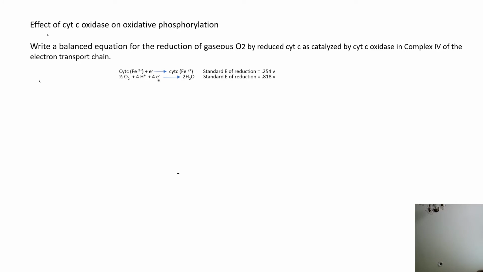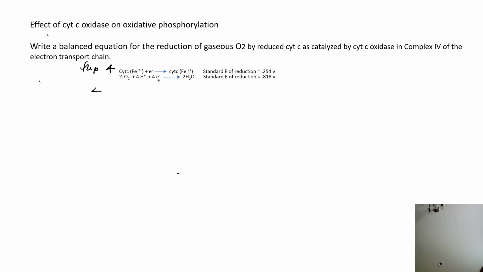So that means we're going to have to multiply the coefficients of the first reaction by 4 to even out those electrons. And if O2 is being reduced, that means we're going to oxidize the reduced cytochrome C. So we have to flip that first equation and multiply by 4.